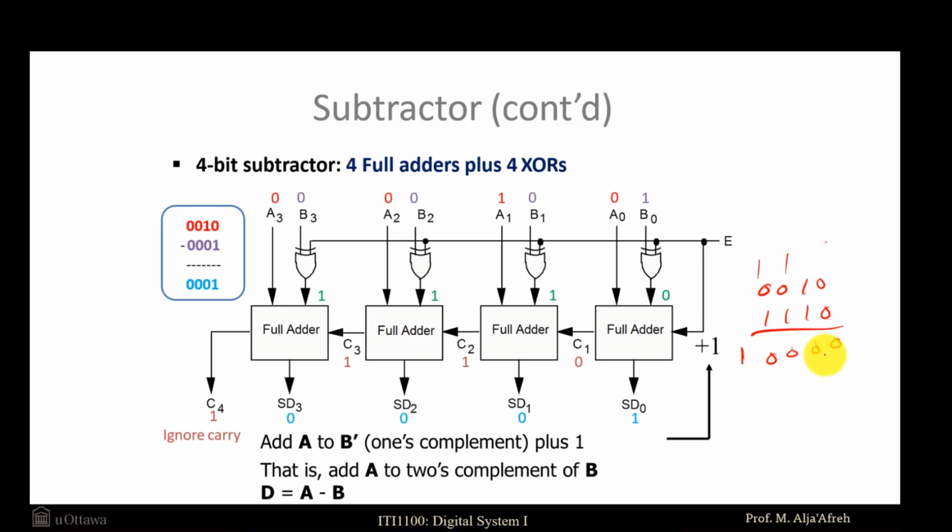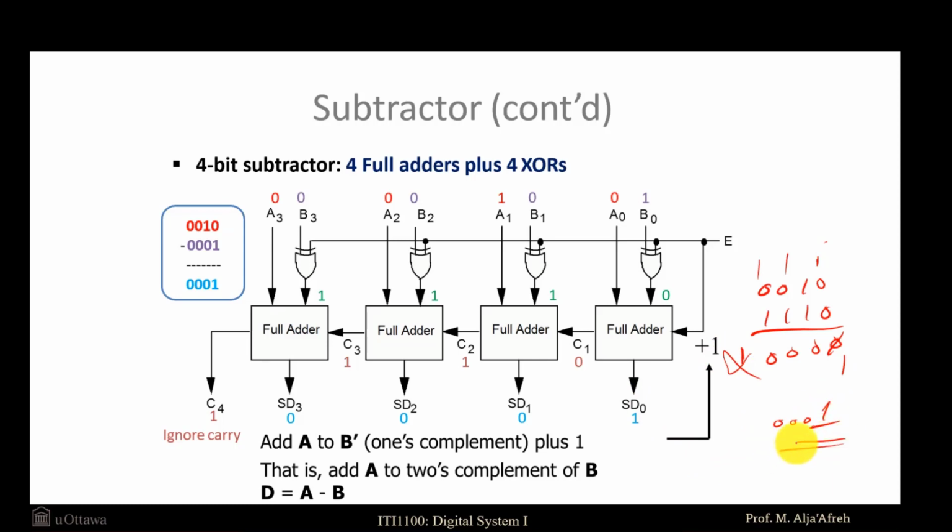Okay, and remember, we have a carry in. You remember the carry in, so I add that carry in, and this will become 1. Okay, and we're going to ignore the carry out, so the answer will be 0001.